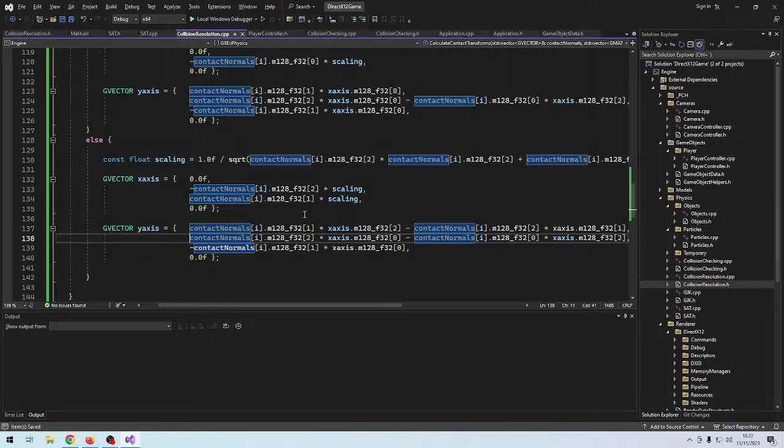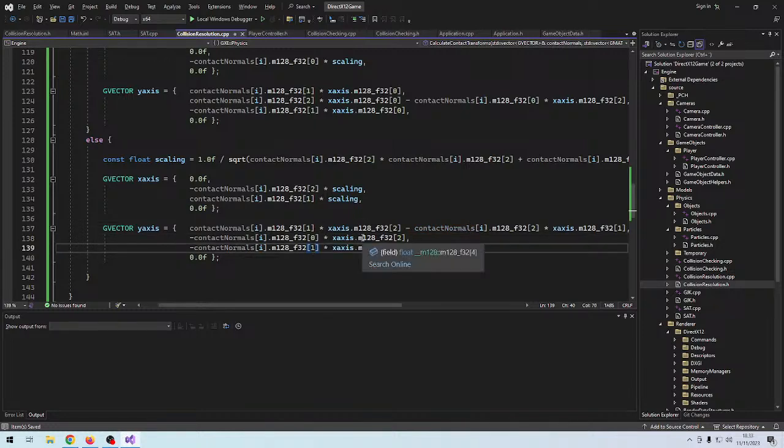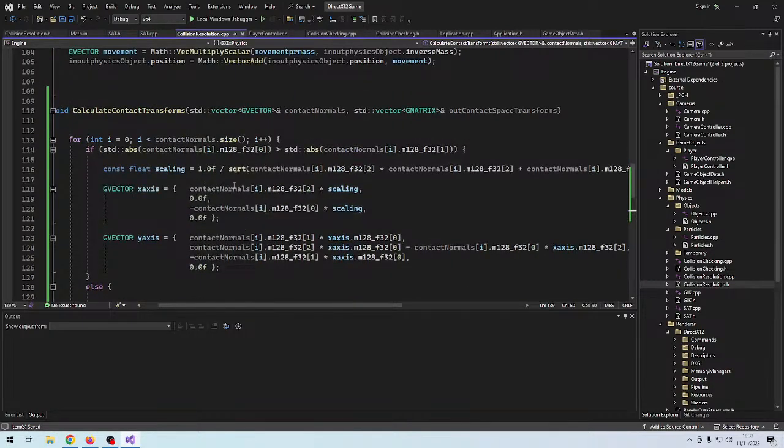The next one is the negative contact normal x component times the x-axis c component. And then the last one is the x component of the contact normal times the y component of that.